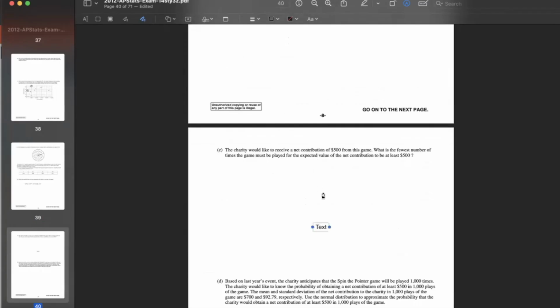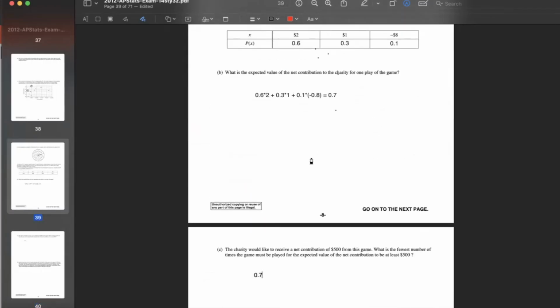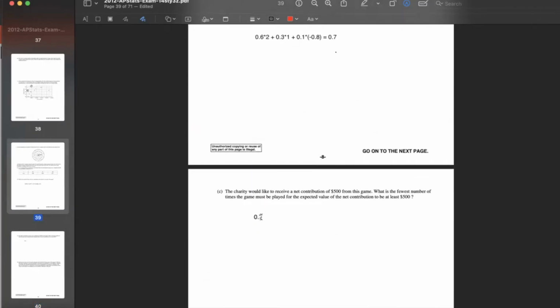So the expected value of playing this game multiple times is 0.7. That's the expected value that we determined right over here, times the number of times that the game is played, n. All right. And then we need this to be greater than $500.